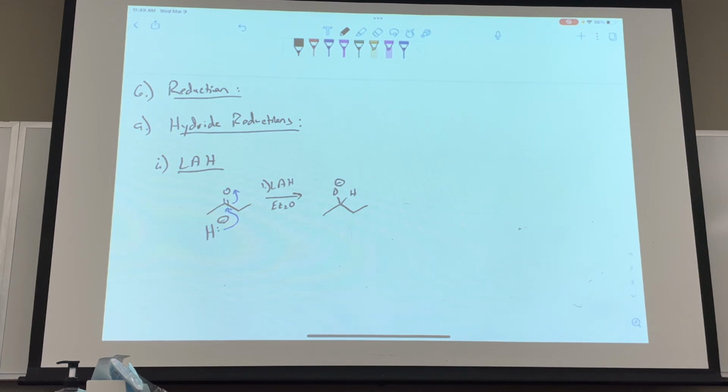And at this stage, we've made the tetrahedral intermediate, and it's just going to hang out until, as with all LAH reductions, we're going to end up protonating, working up in acid that gives the proton to the alkoxide.